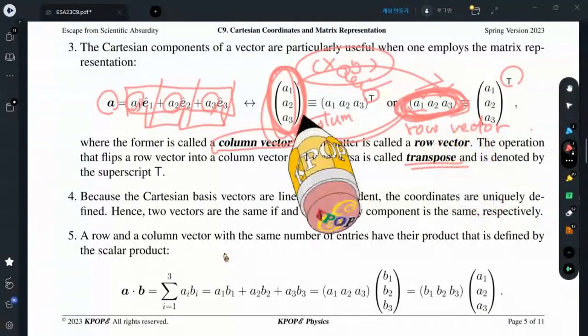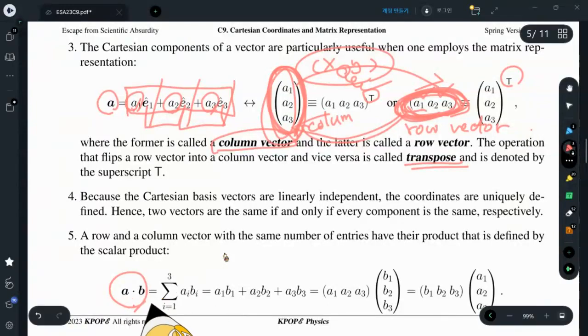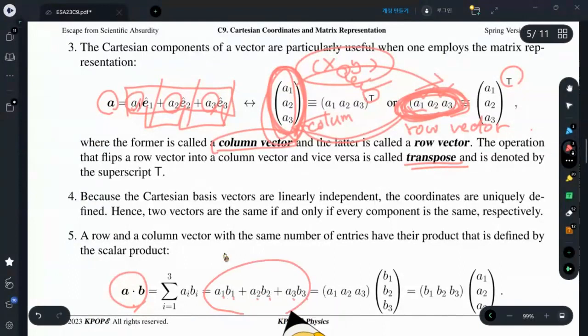We recall that the scalar product of A and B using Cartesian coordinates is A1B1 plus A2B2 plus A3B3. So matrix representation is naturally introduced to express this busy expression in a compact form. We define this to be identical to this.